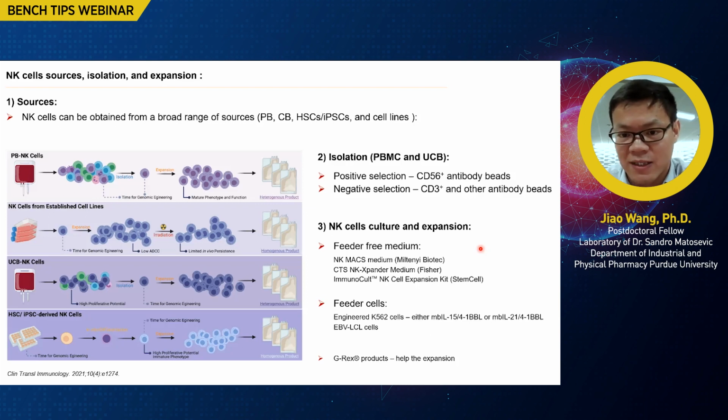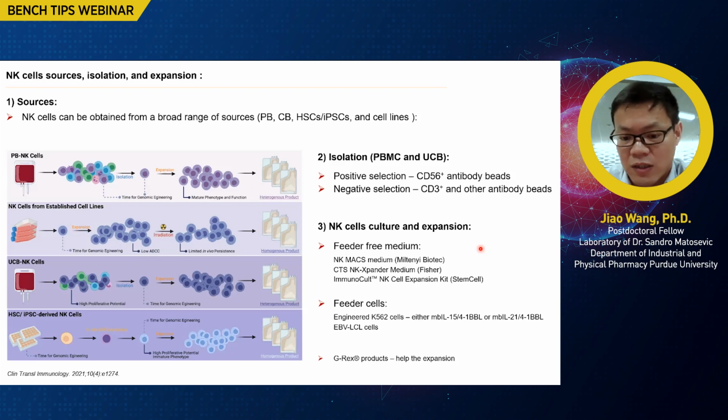And when we isolate these NK cells, we typically culture them using either feeder-free conditions or feeder cell-based conditions. To summarize, we have a lot of different feeder-free media available, such as NK MACS medium, CTS expanded medium, and the ImmunoCult NK cell expansion kit from StemCell.